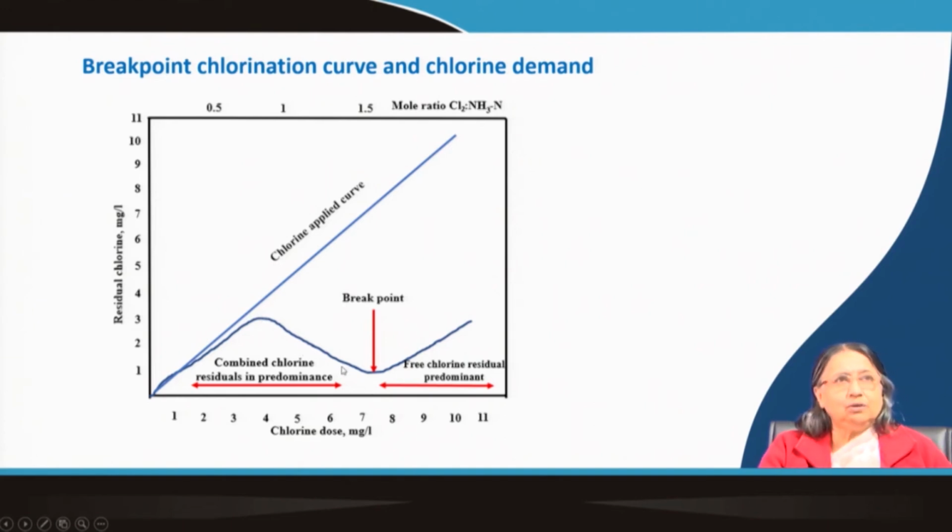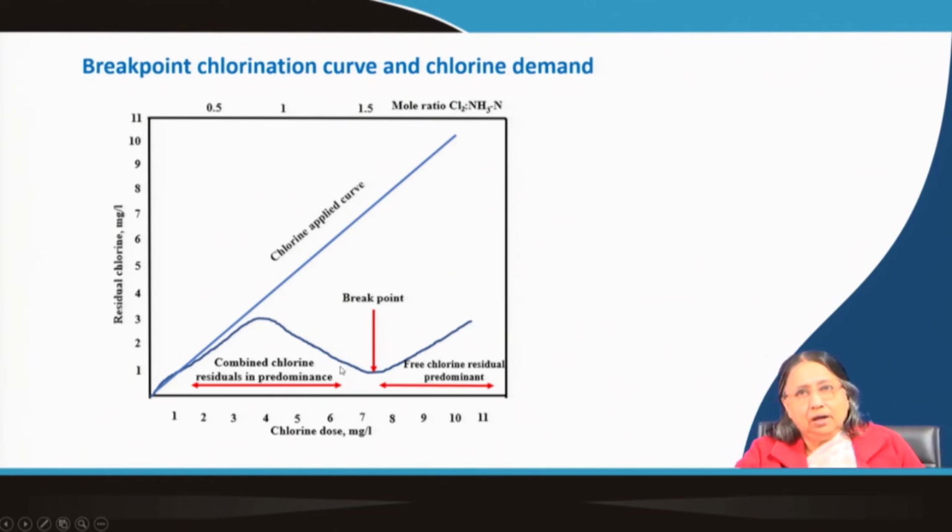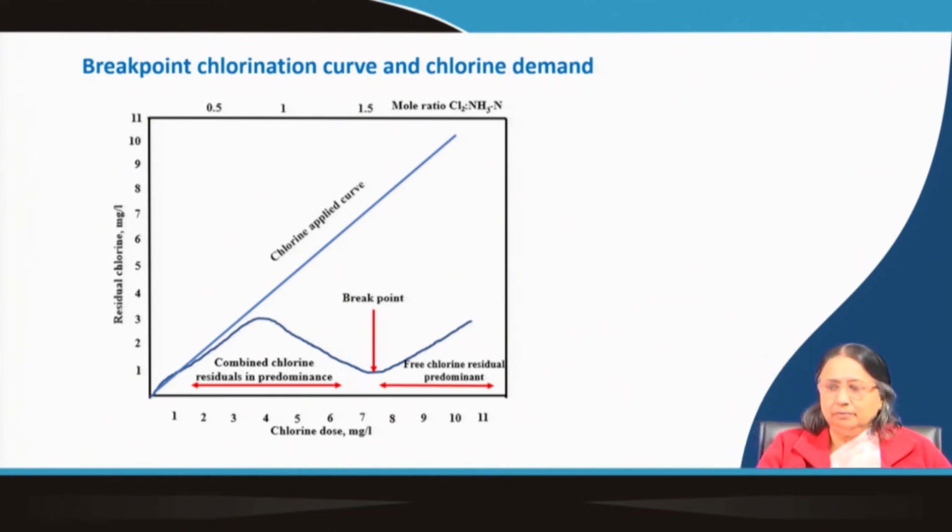Then this is the chloramine destruction. I told you that chloramines can also react with chlorine at higher dose. So chloramines are destroyed, everything is destroyed, demand is met, and this minimum is called the break point. After that, when you increase the dose, you get free chlorine residuals, parallel to this line.